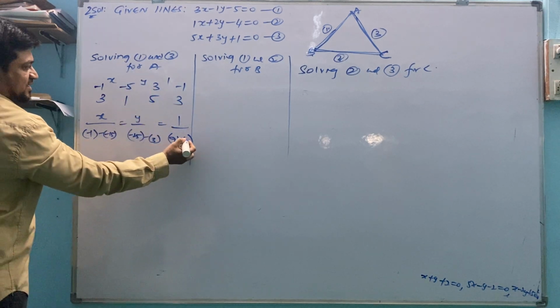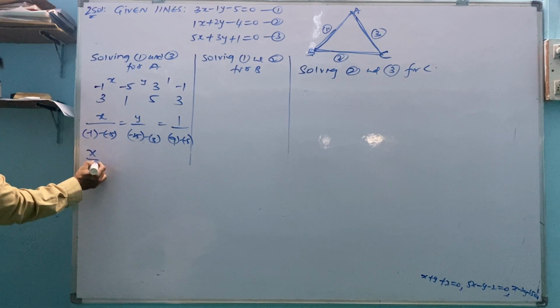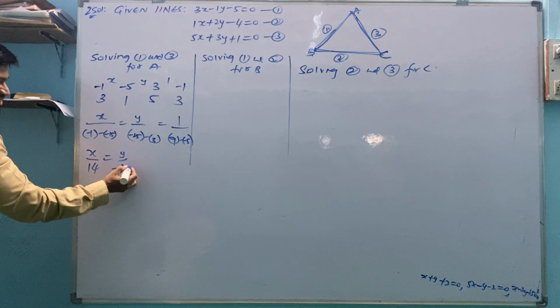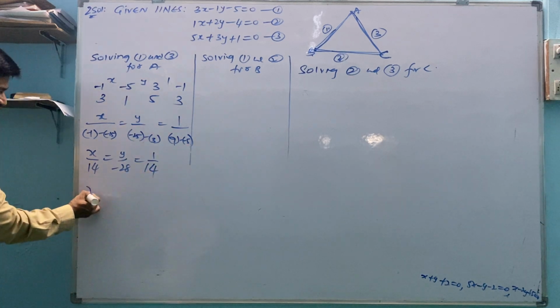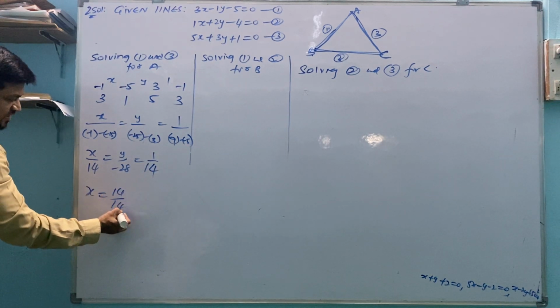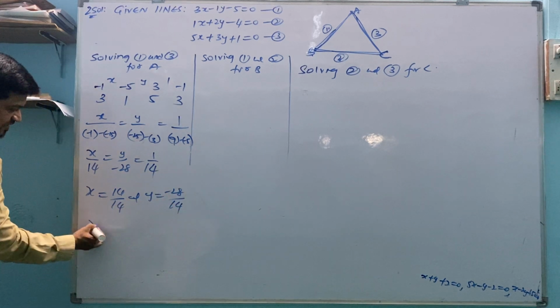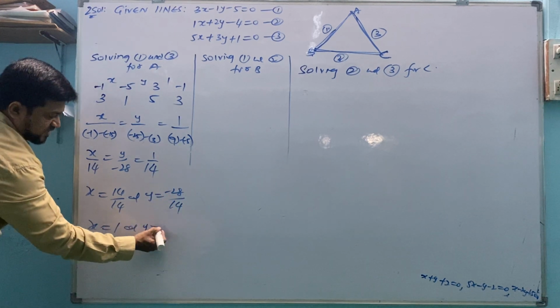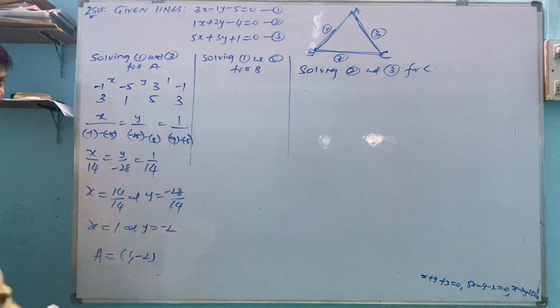Here 9 and minus 5. So x divided by minus 1 plus 15, 14. Y by minus 28, 1 by 9 plus 5, 14. So x equals 14 by 14 and y equals minus 28 by 14. X is 1 and y is minus 2. So A we got it, 1 comma minus 2.